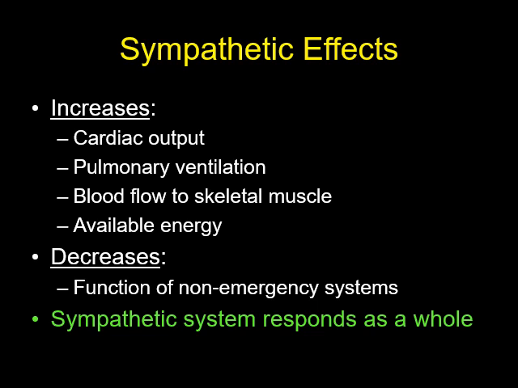It also decreases the function of non-emergency systems such as digestion and reproduction. And important to note, the sympathetic nervous system responds as a whole, meaning that if your heart rate is going to increase, so is inhibition of digestion going to take place. It's not just parsing out certain responses, it's all or nothing.